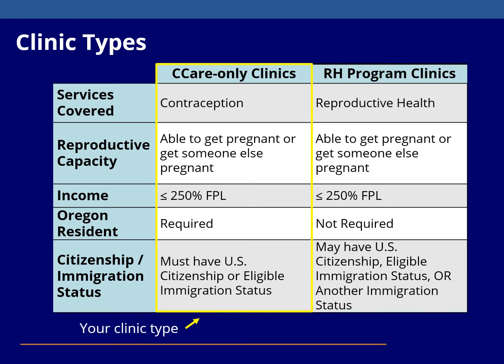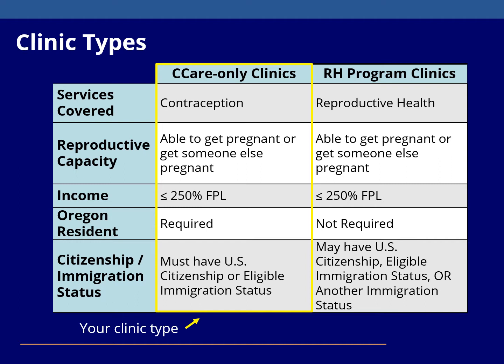Clinics that are certified as RH program clinics can get reimbursed for reproductive health services provided to clients enrolled in RH program coverage. To get these services covered at RH program clinics, clients must be able to get pregnant or get someone else pregnant and be at or below 250% of the federal poverty level.